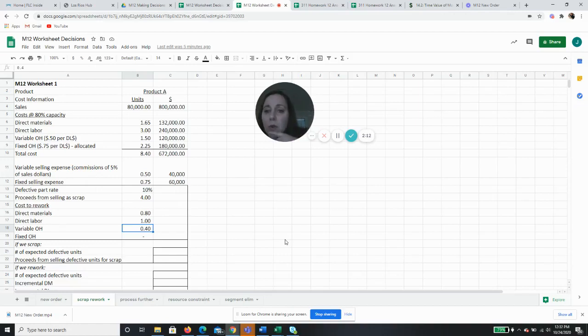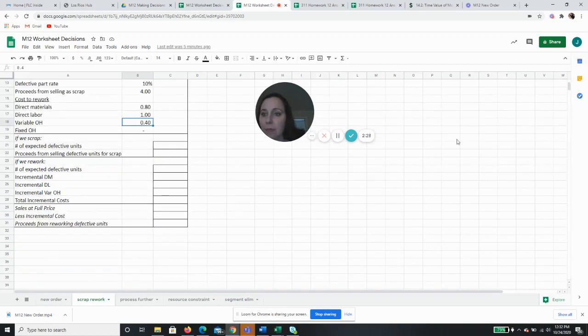All right, so this is our choice. Again, we are assuming that we've already allocated all of our fixed costs. They're covered. We do not need to consider fixed costs in this decision. So let's go down and look.